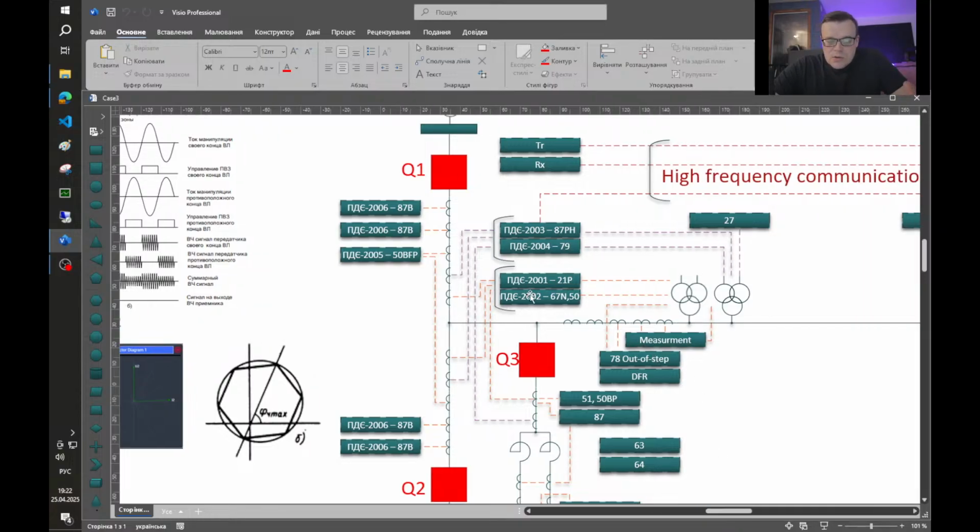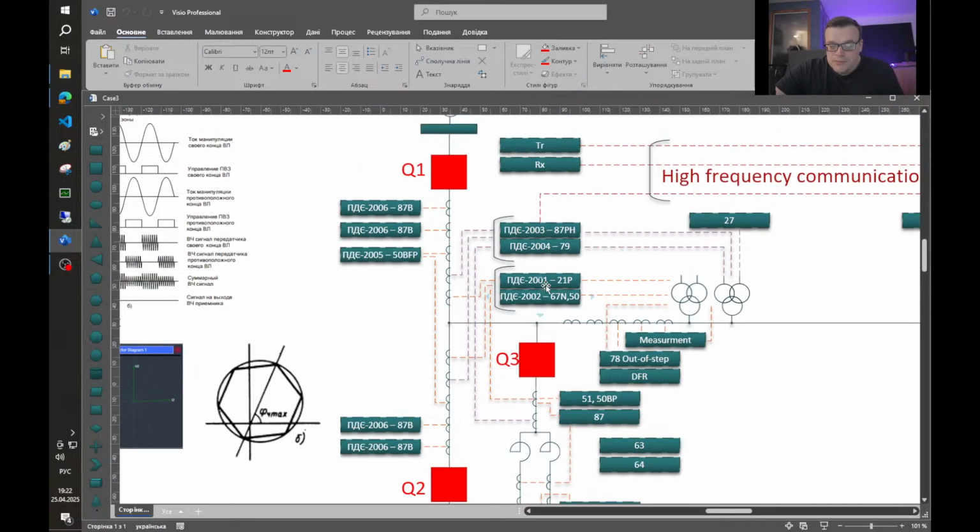And usually in this 2003 panel, the third step is very complex, and it is used for SOTF functions. Also it is used to control and send signals through these high frequency communication channels.